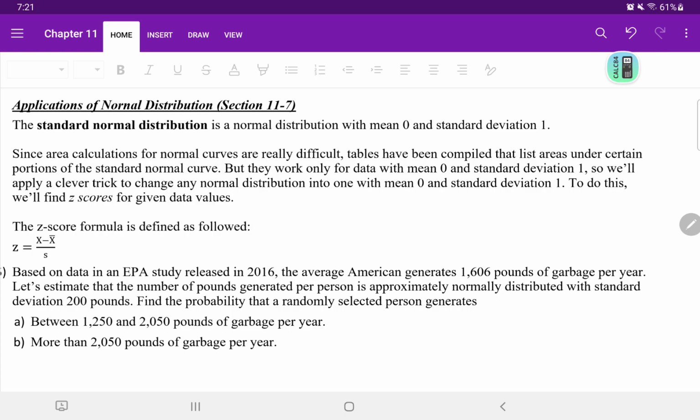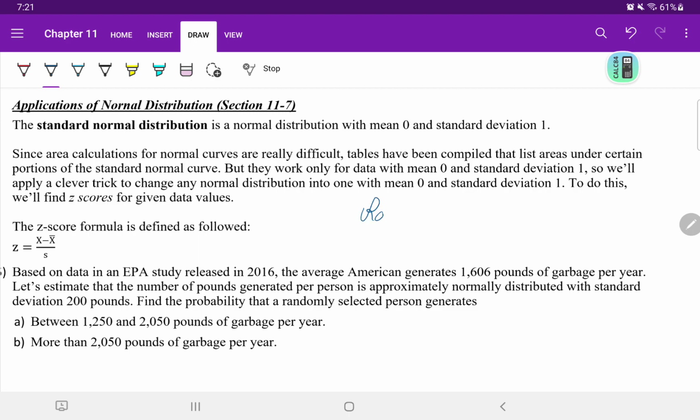To convert our raw data into standardized data, we will use what is called the z-score for the given values, as we did before. But there is a way for us to find the z-score for our raw data, and it is called the z-score formula.